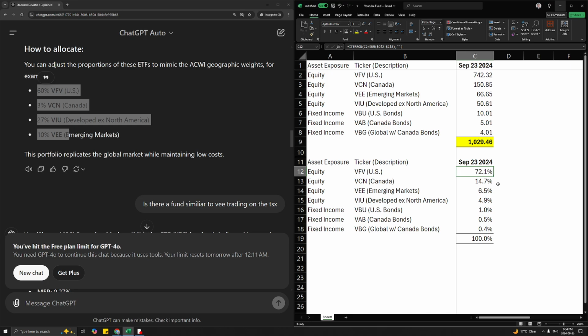So I want to overweight the US. Why is that? I believe in those guys. I think they're going to outperform Canada, the emerging markets, and the developed markets for probably my entire lifetime. I don't see them stopping unless it's like a Rome type of situation where the mighty fall. But I don't think that's gonna happen in my lifetime.